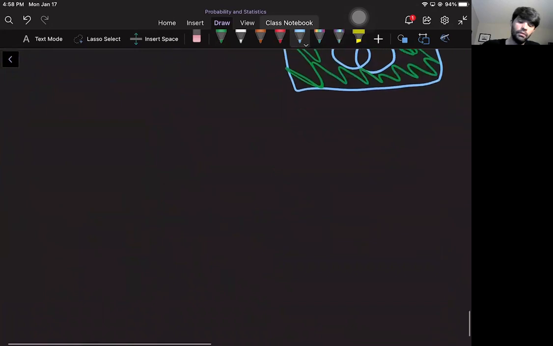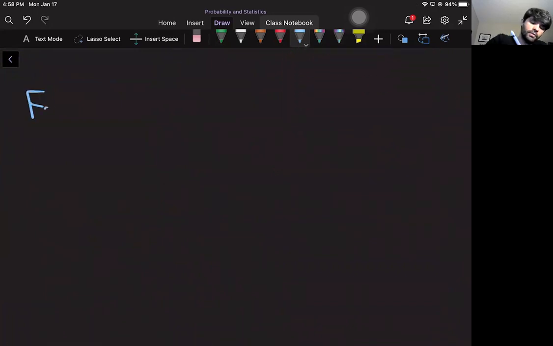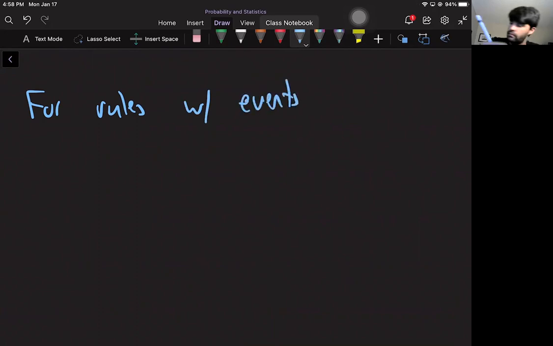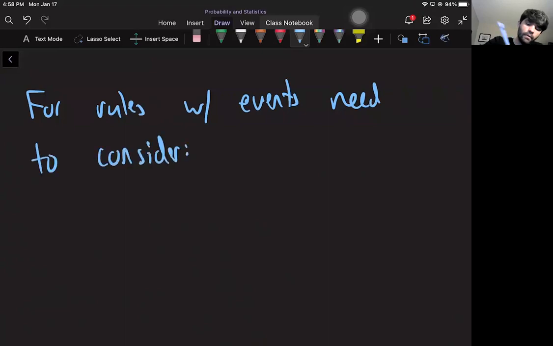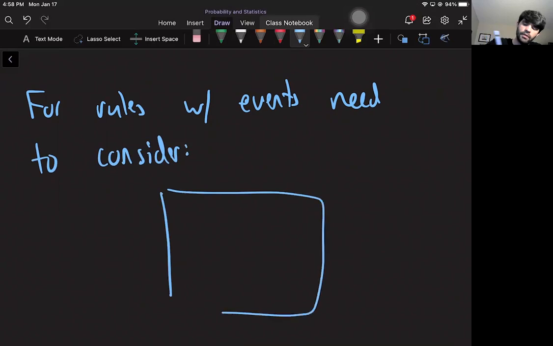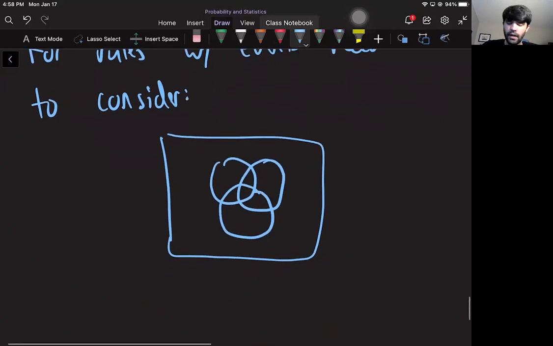Okay, so if we wanted to check the other rules, we could. It's just sort of unnecessary. It'll take a long time, especially the ones with 3 events. With 3 events, you would need to draw a third bubble. So you would actually need to draw something like this and shade appropriately.